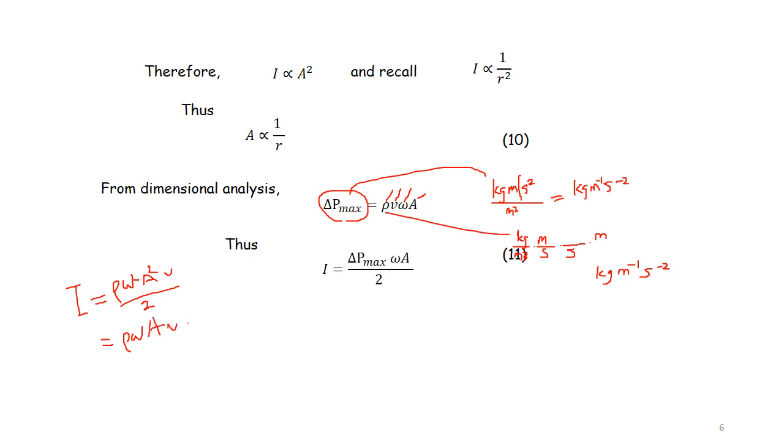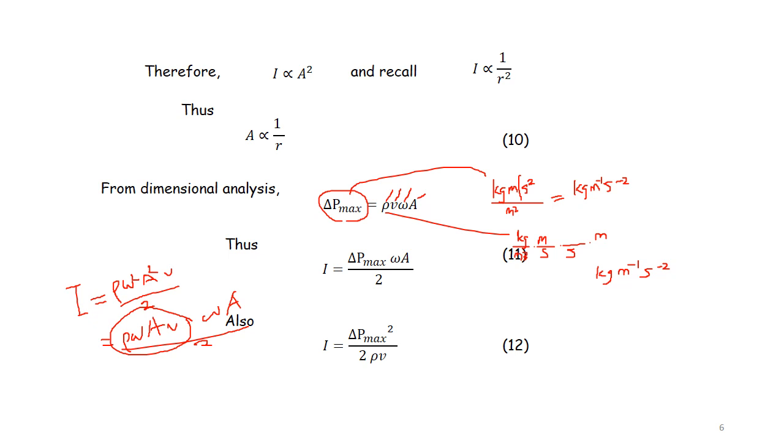You have one omega left and one A, then over 2. So this expression gives you the change in maximum pressure. Very easy to deal with. Remember the dimensional analysis, that's what to use to confirm that. And you can also manipulate it again so that you also obtain equation 12.